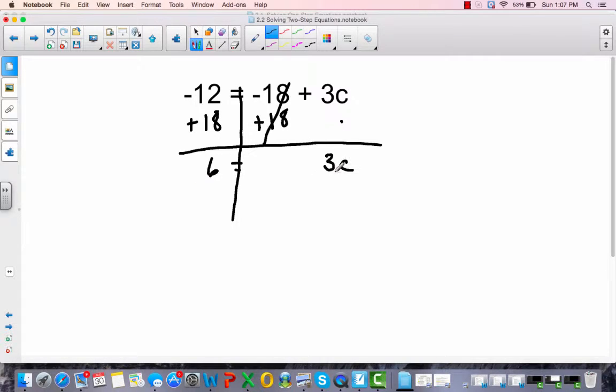To get rid of the 3 that's currently being multiplied, we divide by 3. That's the opposite of multiplication. And that gives us 2 equals, and these cancel each other out, c.